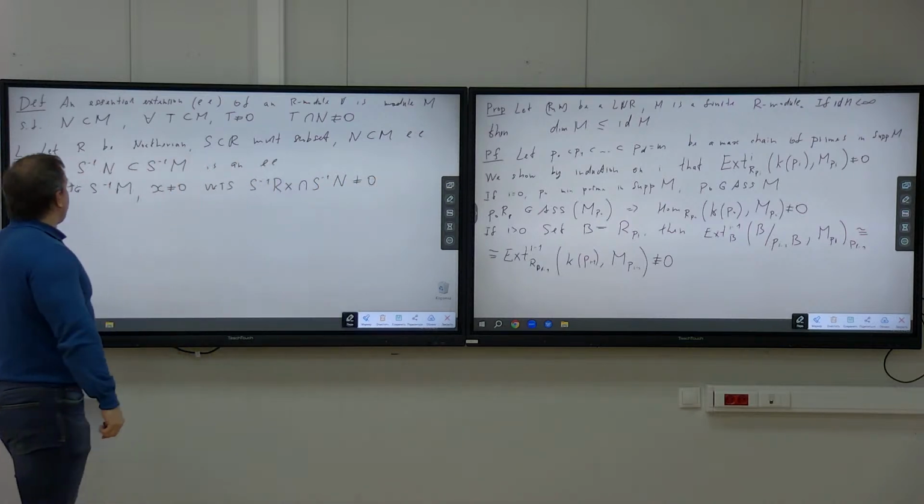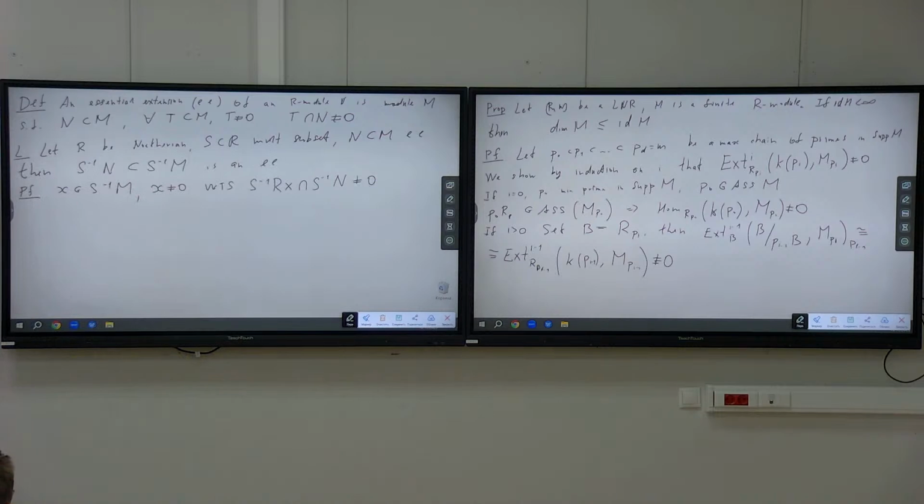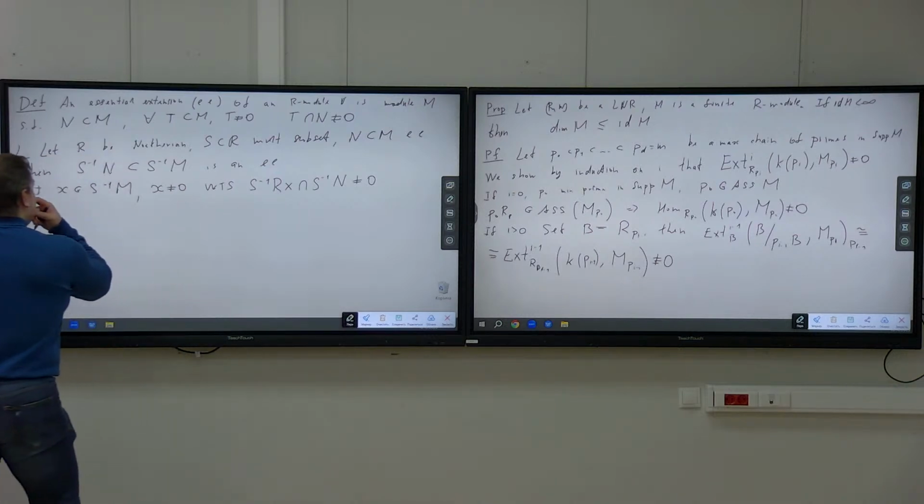Right? If we can prove this, we can say this is an essential extension. So essentially I'm doing this for cyclic modules, but if you know this for cyclic modules, you know this for all modules, because take a module, take a non-zero element, generate a cyclic module.